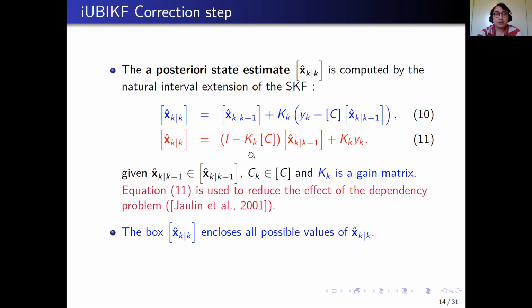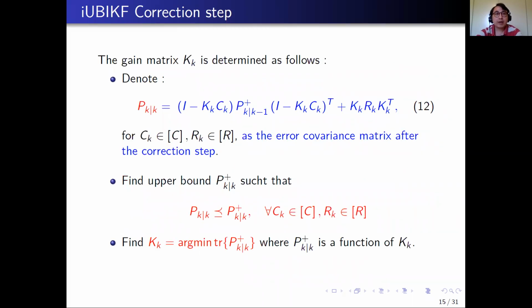In the expression, K_k is the gain matrix. Given that x hat k-1 belongs to the interval x hat k-1, we get that the interval x hat k will enclose all possible values of x hat k. The gain matrix K_k is determined as follows.